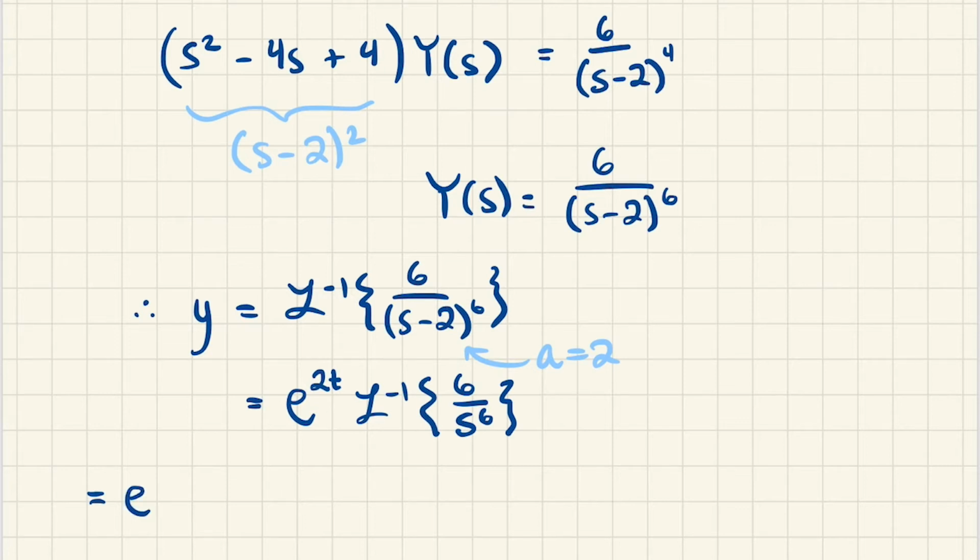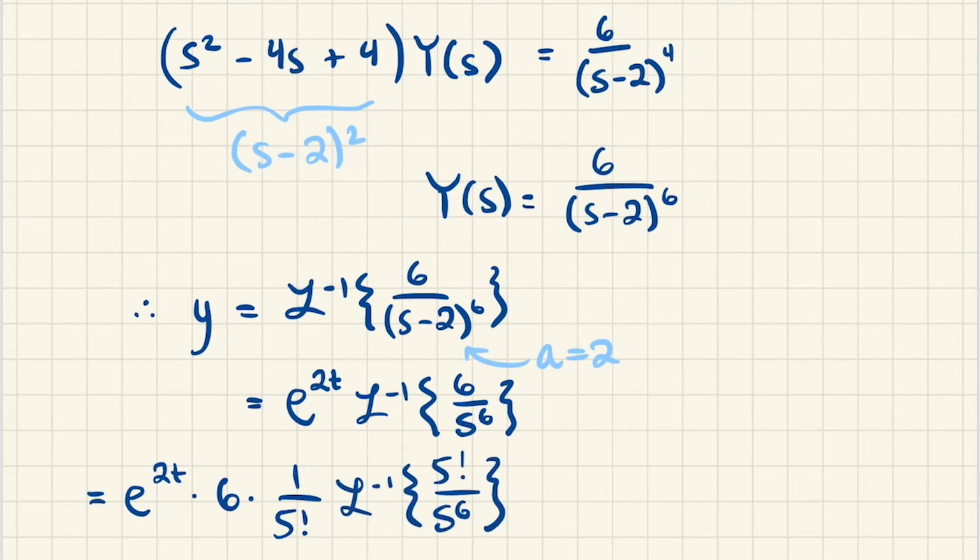So let's do a couple of things here. Let's bring the 6 out. And let's also multiply and divide by 1 over 5 factorial. And this entire inverse Laplace simply becomes t to the 5th power. So what we get is e to the 2t times 6 over 120 times t to the 5.